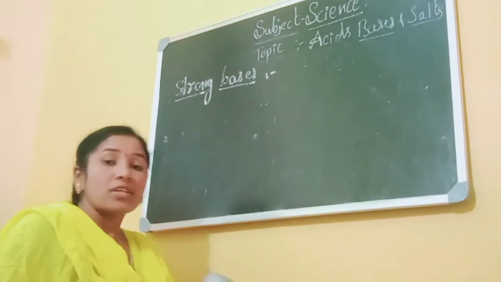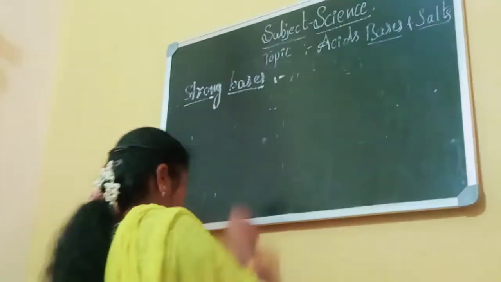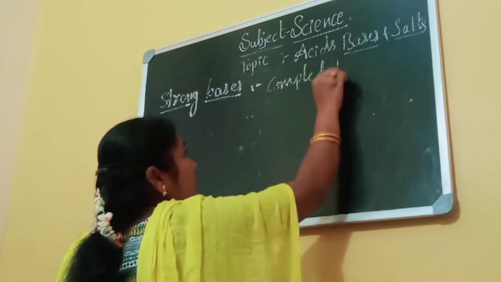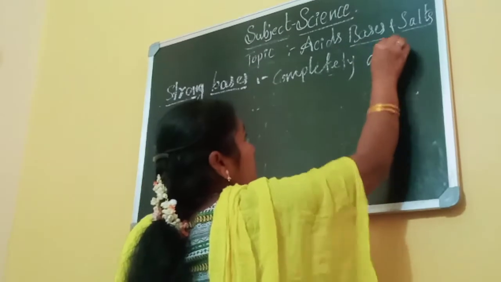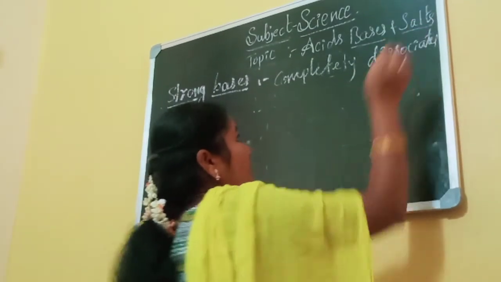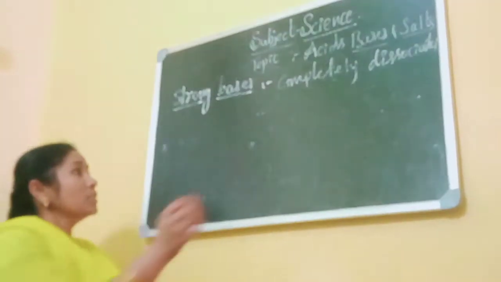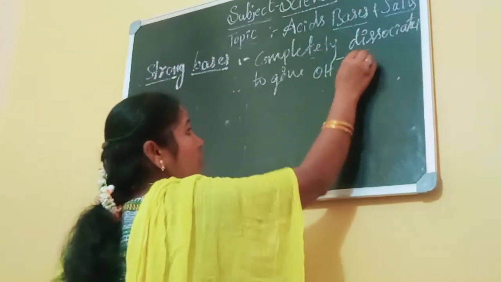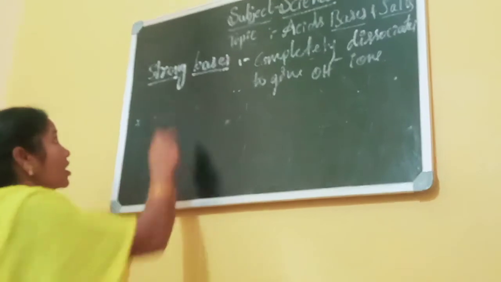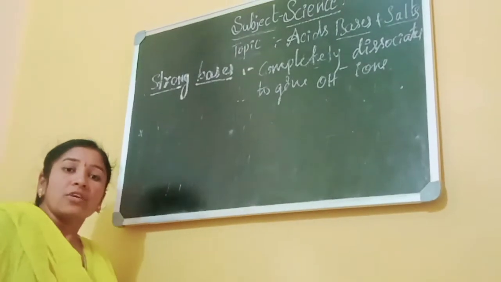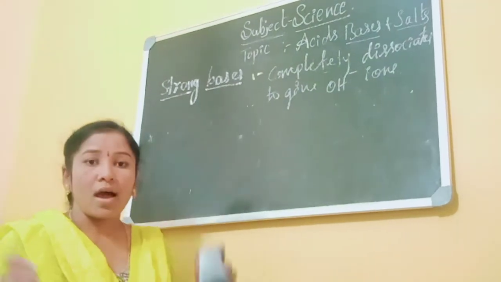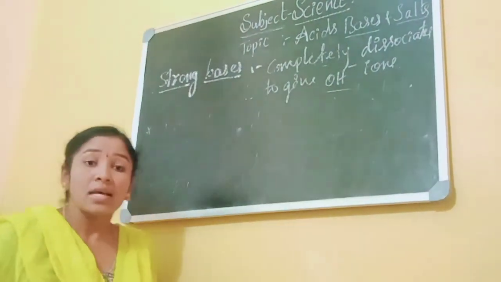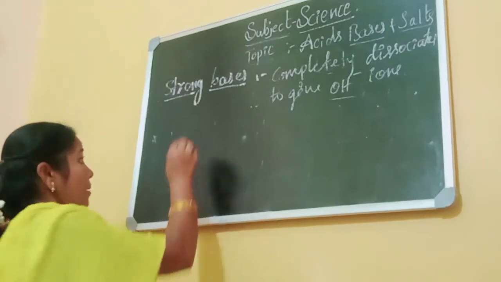The bases which dissociate completely in water to give OH minus ions are called strong bases.